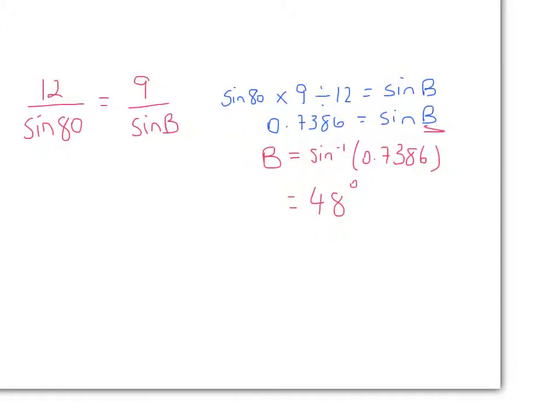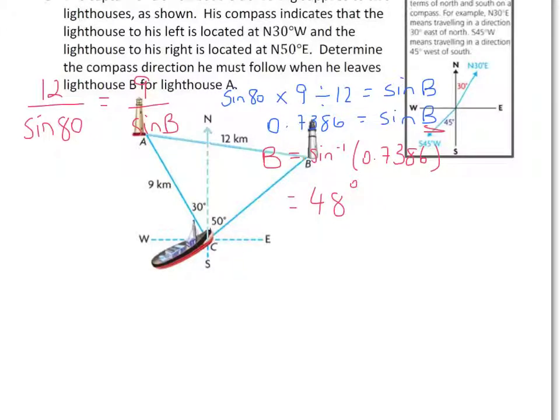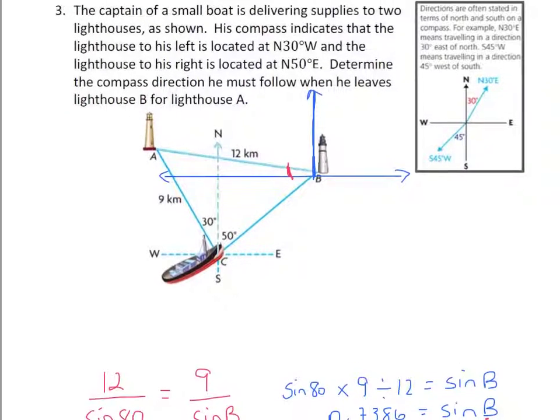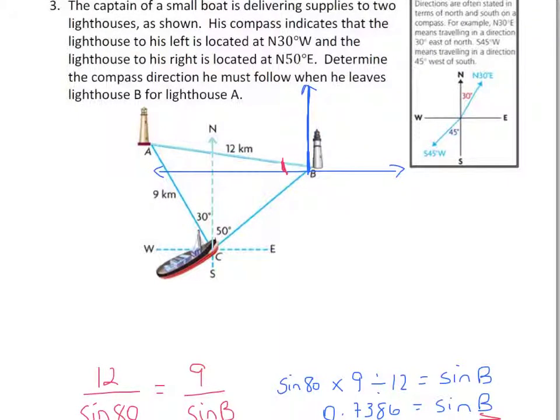But we're not quite finished yet. We found angle B, so let's go back to the picture and fill it in. So this whole angle right here is 48 degrees.